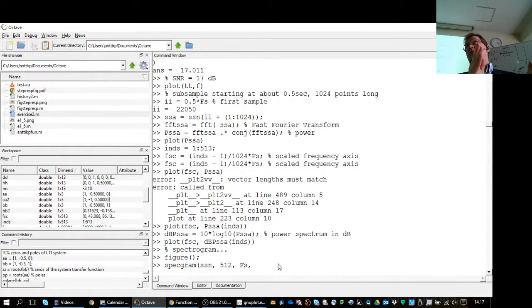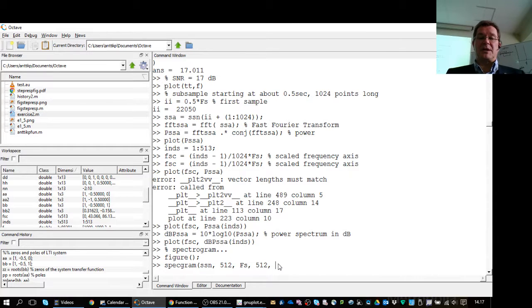As long as the number of samples you are taking the FFT on is a power of 2, that would be that number. But the window we are looking at can be different. I have no reason why I would use that. So that variable should be the same as the number of data points here.